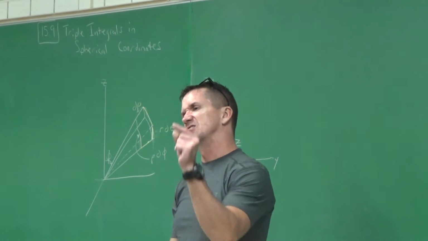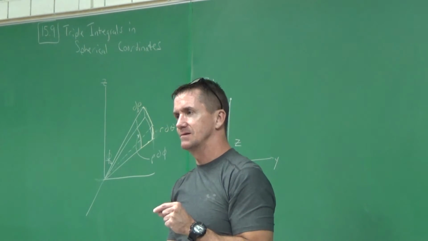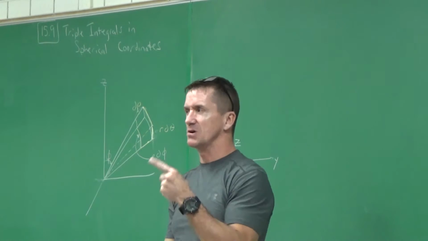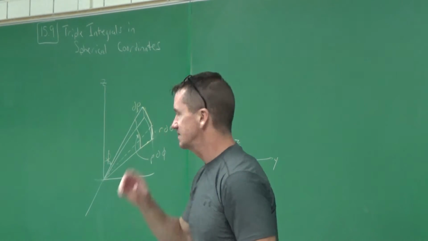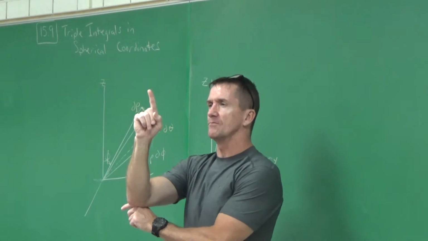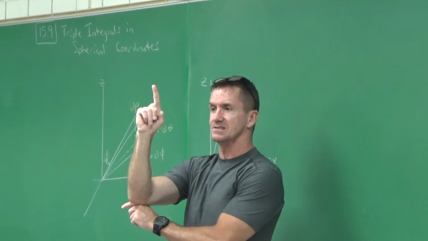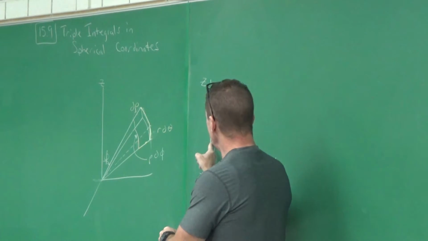There's another angle that we've got going on, different from theta. We're going to use another Greek letter, phi. I need you to know where phi is. Phi is the angle formed from the positive z-axis outward. So right in here, I'm going to put a phi.